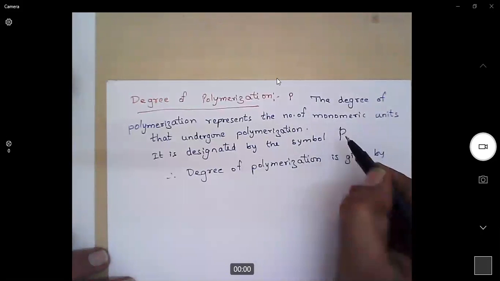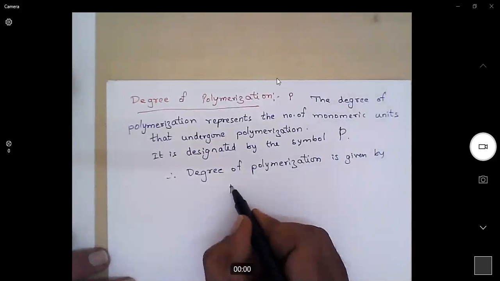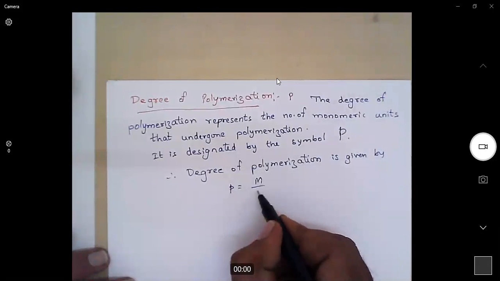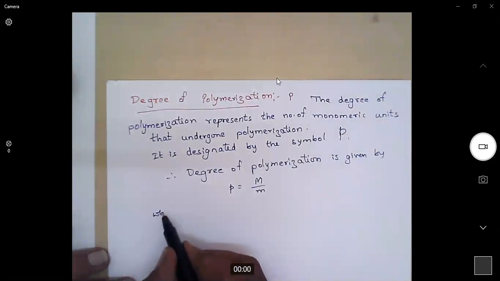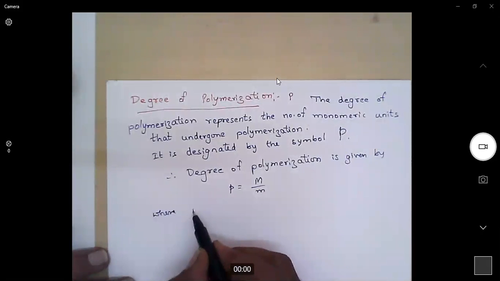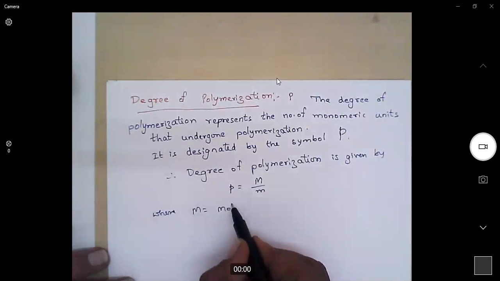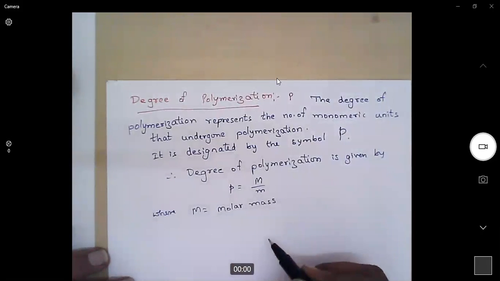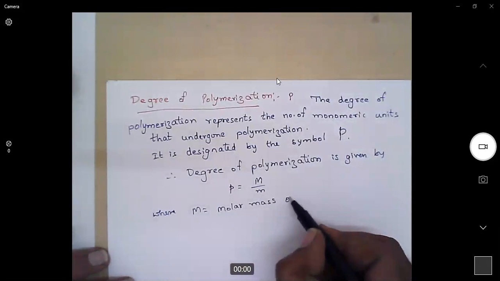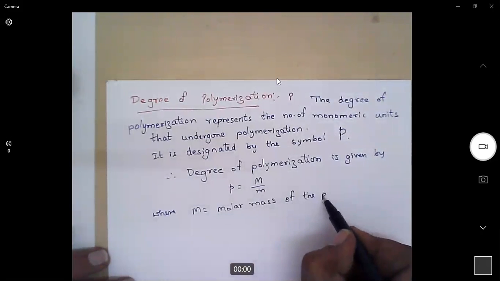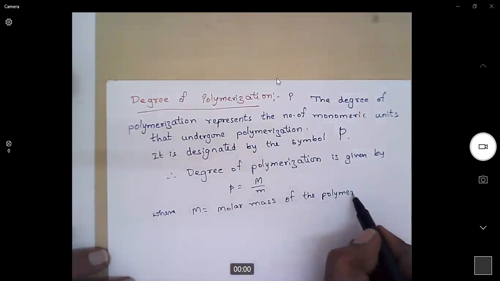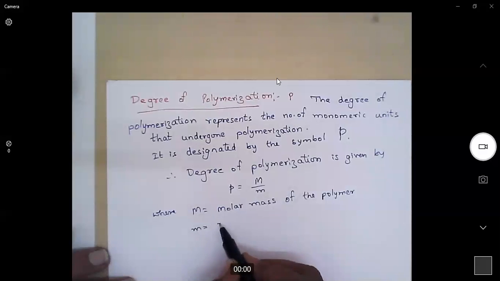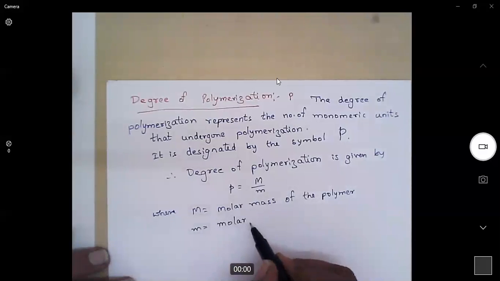small p. P is equal to capital M by small m, where capital M is the molar mass of polymer, that means molecular weight of polymer, and small m is molar mass of monomer.